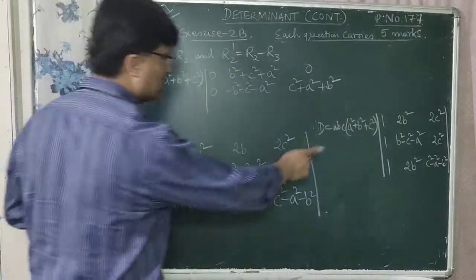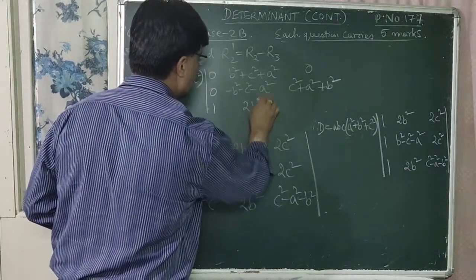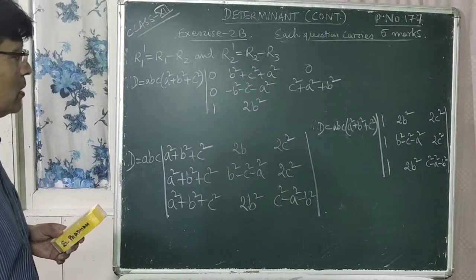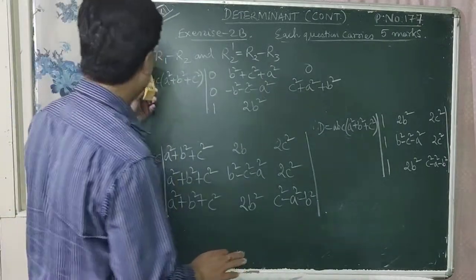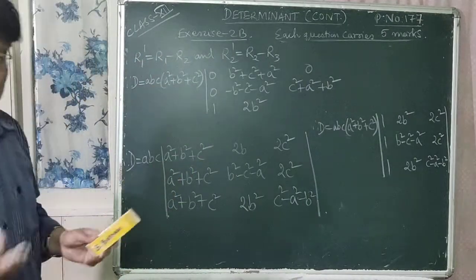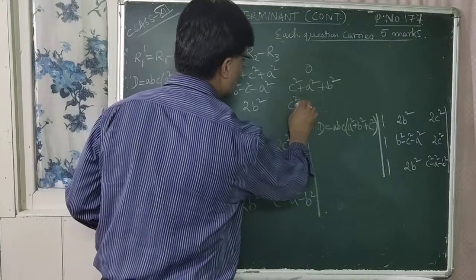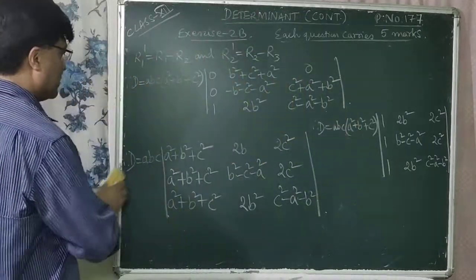Then what do we get here? 1, this is 2b square, so that means third row remains same, isn't it? Only R1 and R2 are changing, but third row remains same. 1, 2b square, then c square minus a square minus b square, right?